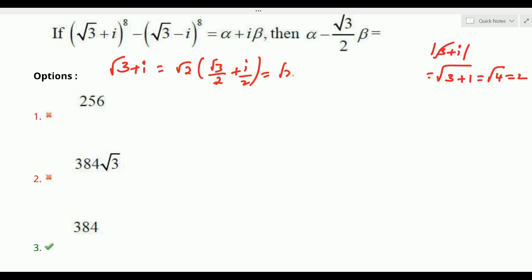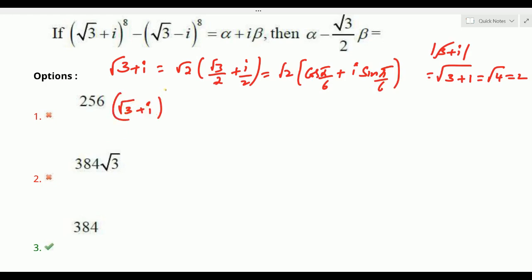That is 2 of root 3 by 2 we can write cos pi by 6 plus 1 by 2 we can write sin pi by 6, I into sin pi by 6. This root 3 plus I with the power 8 is there. Root 3 plus I whole power 8.